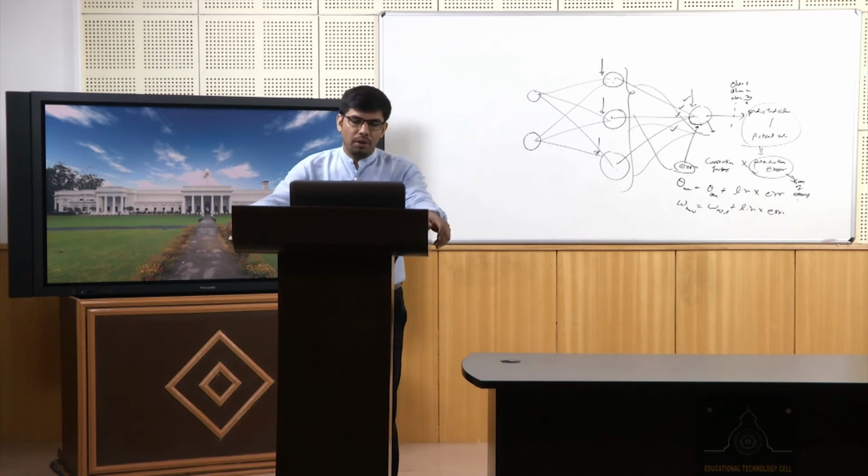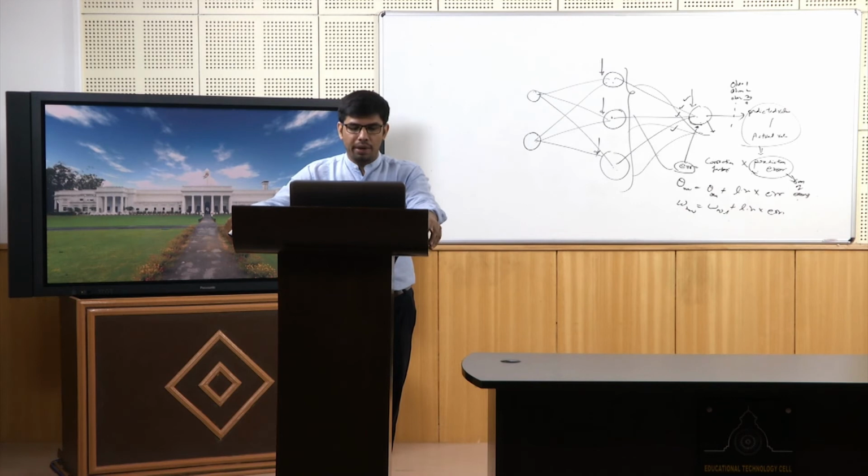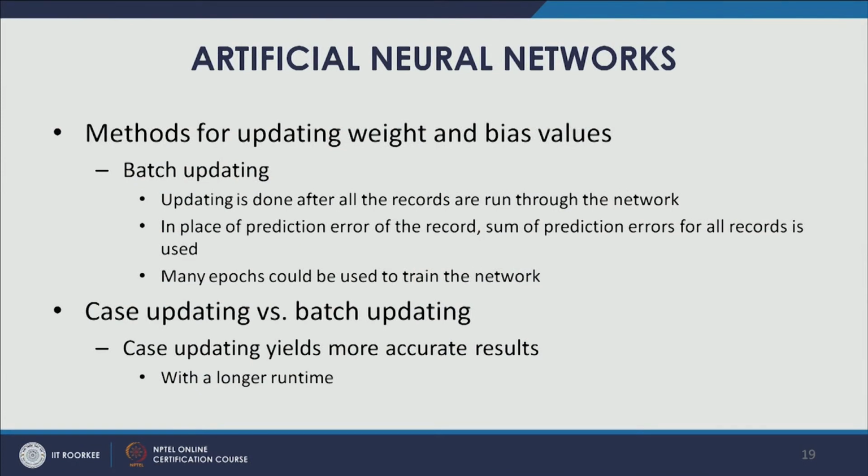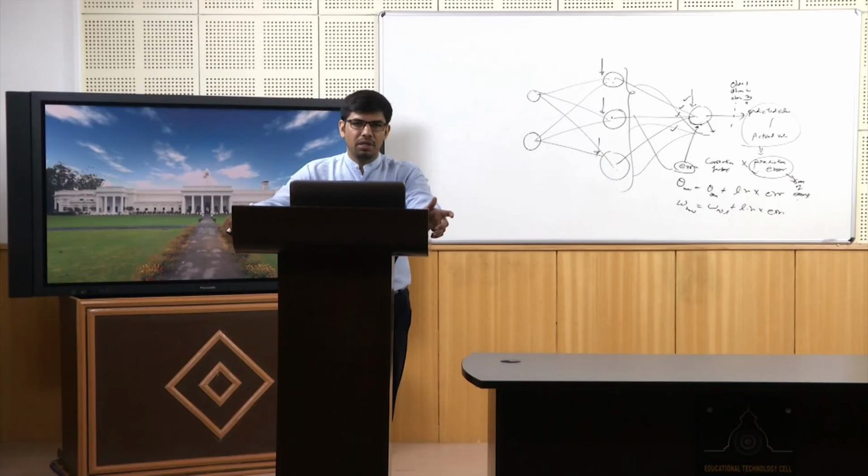Now, in terms of performance and modeling, what are the advantages and disadvantages of case updating and batch updating? The one important difference that you can understand through the process itself is that case updating is more rigorous.